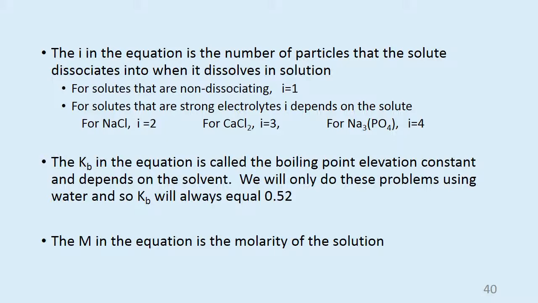So NaCl has a little i of 2. Calcium chloride has a little i of 3. It breaks up into 3 particles. Na3PO4, remember that PO4 is a polyatomic, so that stays together, but that's 1, and then 3 sodiums for a total of 4.